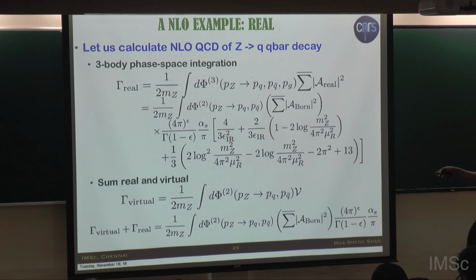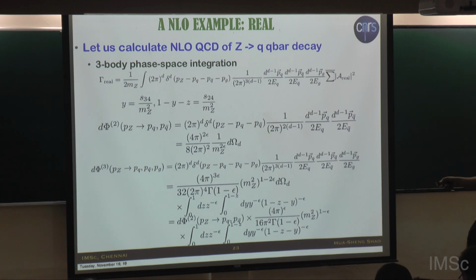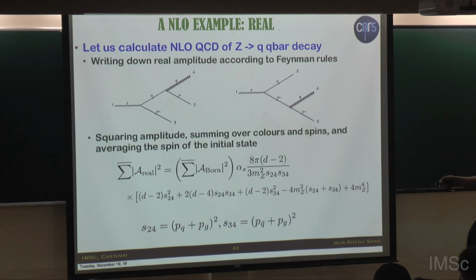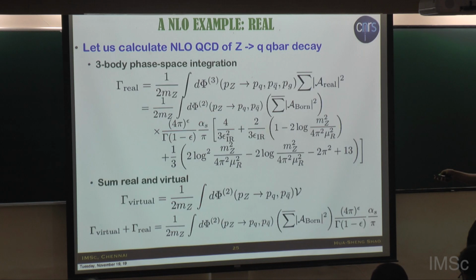Okay? And the good thing is you will see that all your 1 over epsilon squared and 1 over epsilon terms are exactly identical but with a minus sign compared to your virtual one, if you check previously. So if you sum this, looking at the double pole, the virtual is minus 4 over 3 epsilon squared, and the double pole of the real is 4 over 3 epsilon squared, right?